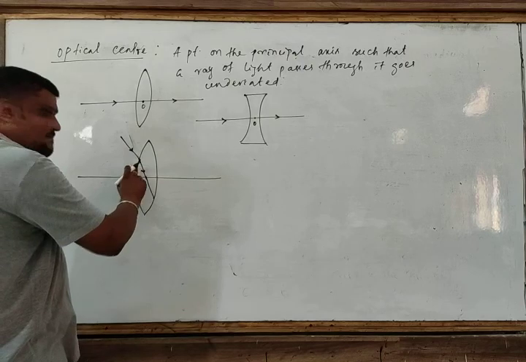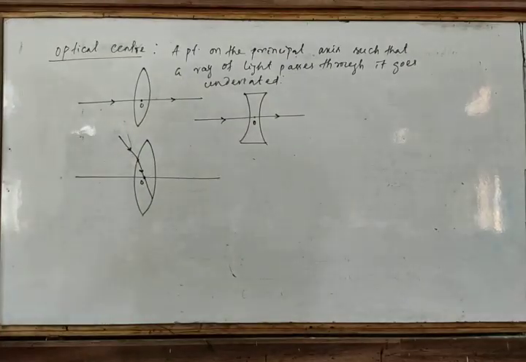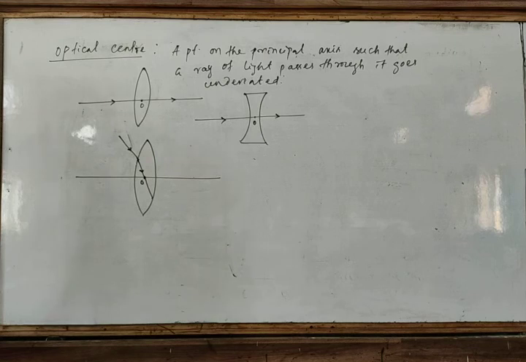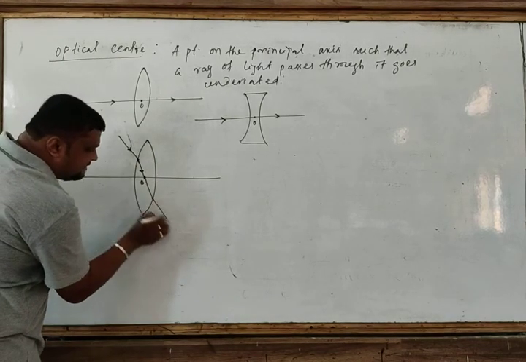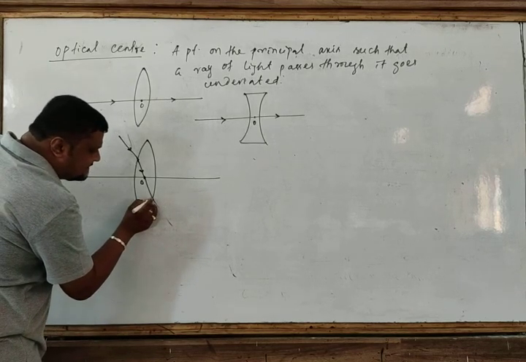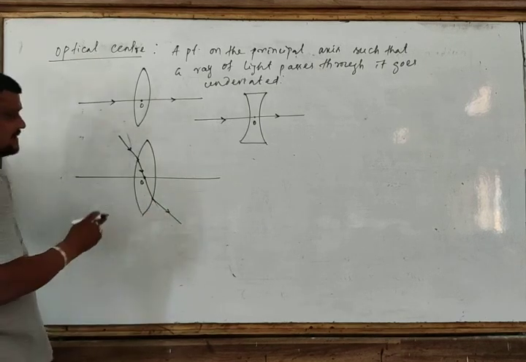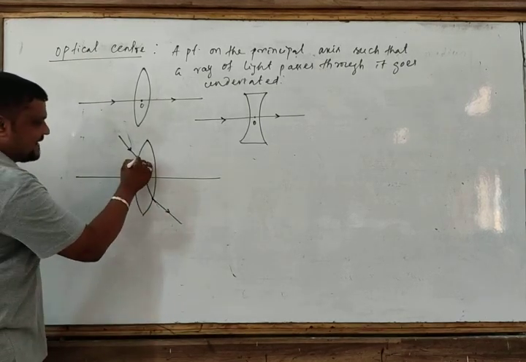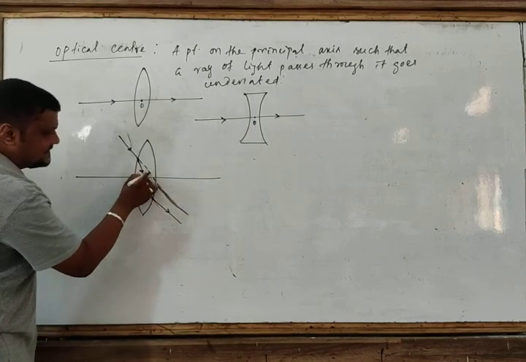The refracted ray passes through that point and will have its emergent path like this. Now it is traveling from denser to rarer, so it bends away from the normal. The emergent path will be parallel to the incident ray. So these two rays should be parallel.